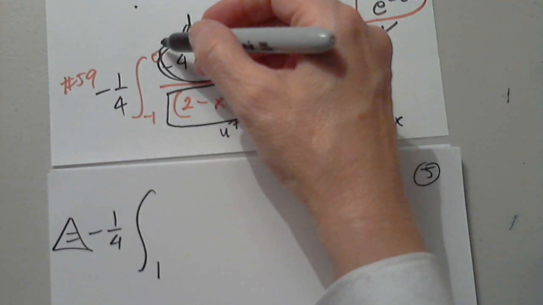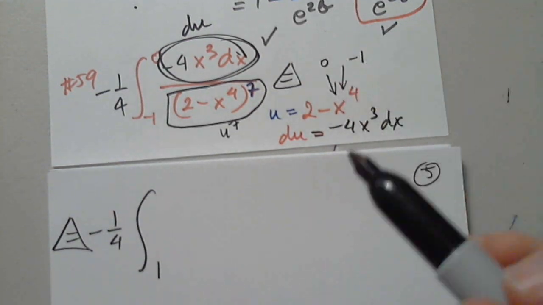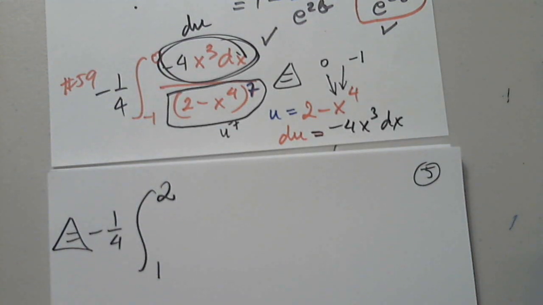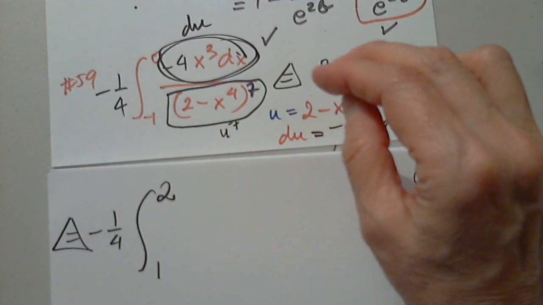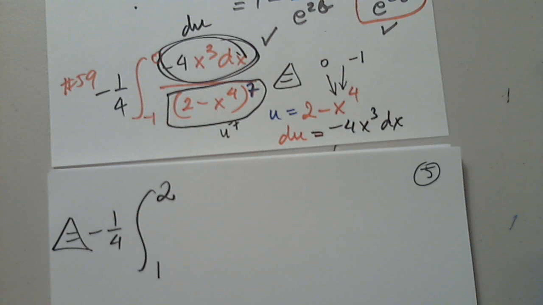Now I need to find the upper limit when x is 0. When x is 0, 2 minus 0 is 2. So the limits of integration for x, -1 to 0, gave us, through the substitution, 1 to 2.